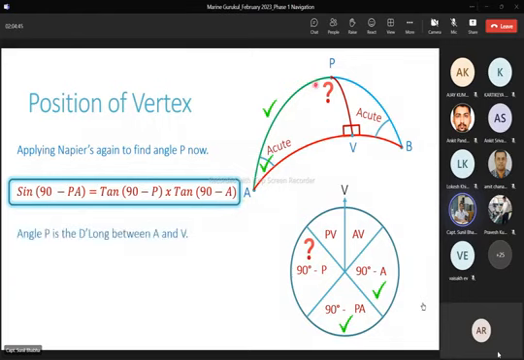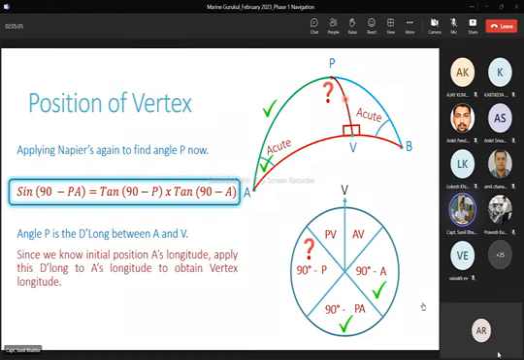Now if you look carefully in the diagram, this angle P is nothing but the d long, difference of longitude between alpha and Victor. It is the angle at the pole contained between the meridian of alpha and the meridian of Victor, giving us the d long between alpha and Victor.